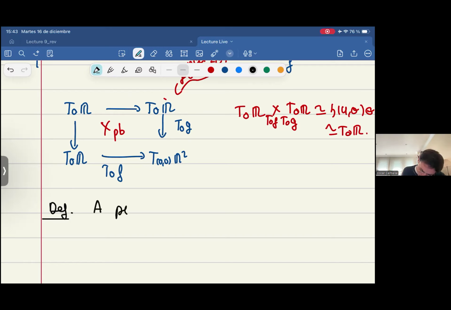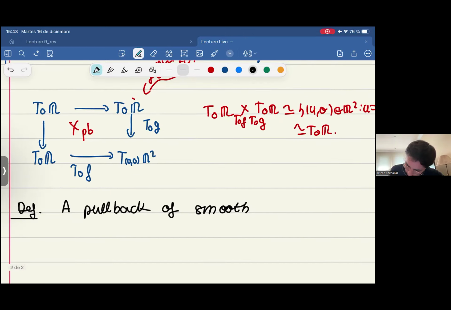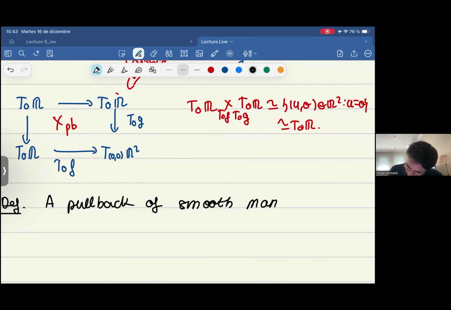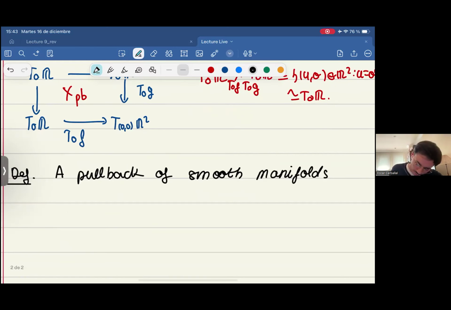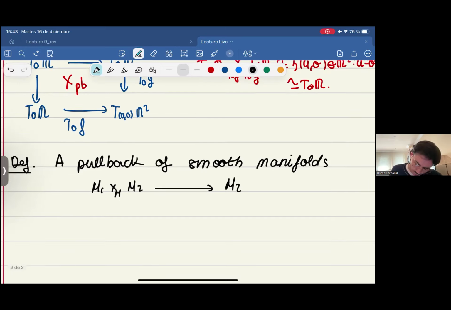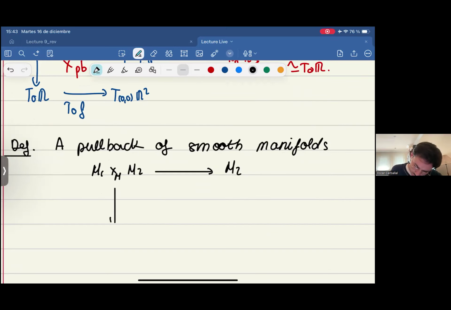A pullback of smooth manifolds is something like this. We have two manifolds N1 and N2.